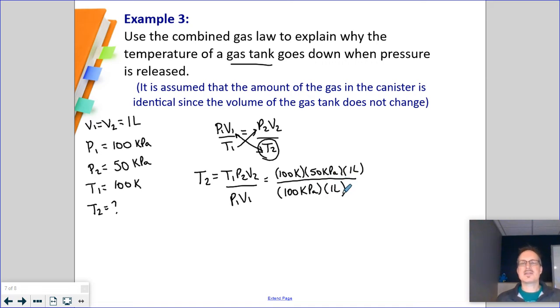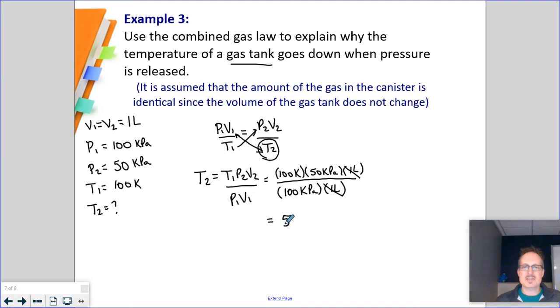Now, notice how this formula works. Because the volume is constant, a tanker tank will not change volumes. It's locked in. Whatever number you pick here, as long as it's not 0, it's going to cancel off. And so when I go to calculate this, we're going to take 100 times 50 divided by 100.